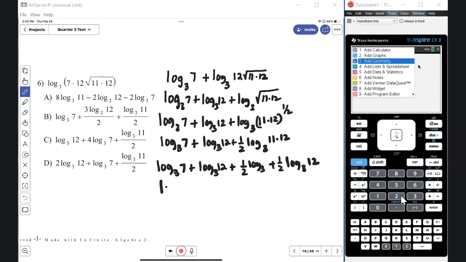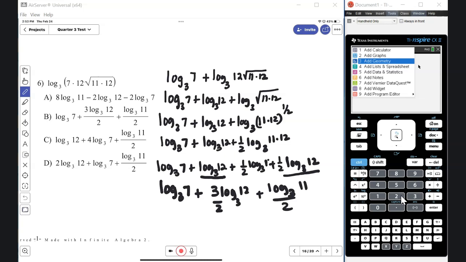So you have log base 3 of 7, and you have the log base 3 of 12 and 1/2 log base 3 of 12. So you have actually 3/2 log base 3 of 12 plus 1/2 log base 3 of 11. So your answer will be answer B.